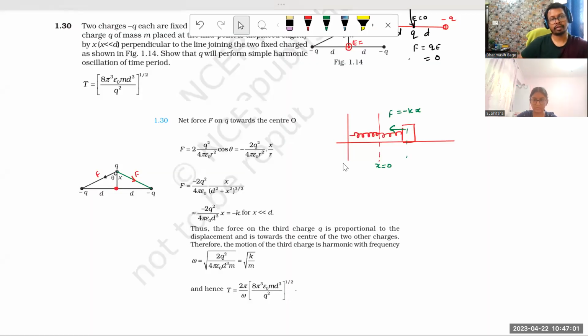So just see this thing. Do you agree that the force acting on plus Q... Can you tell me what is force F here? Give me the magnitude of force.